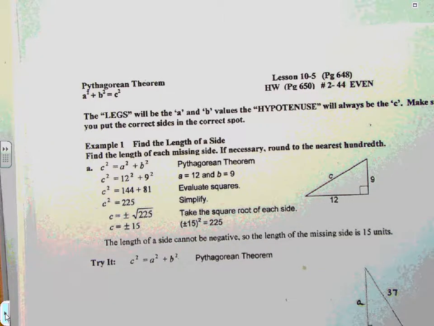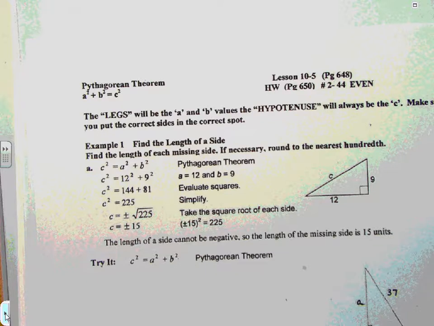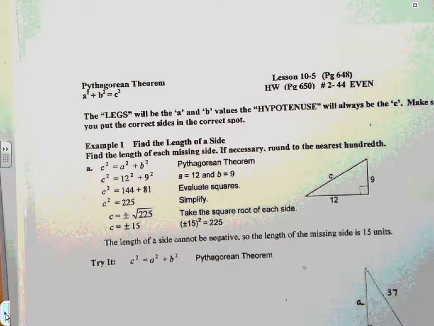In mathematics, we always let the hypotenuse be represented with the letter C, and we represent the legs with the letters A and B. It doesn't necessarily mean that A is the very shortest of the legs and B is the next shortest of the legs. A lot of people do it that way, but it's not a rule. As long as you make both of the legs the letter A or B, it's fine. But the C must always be the hypotenuse, okay?